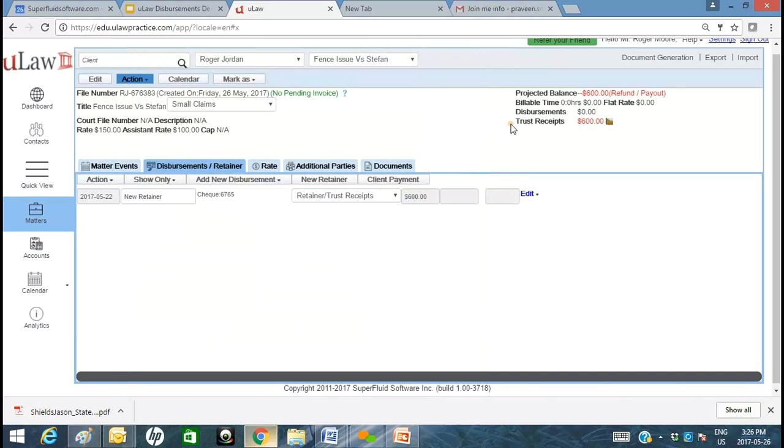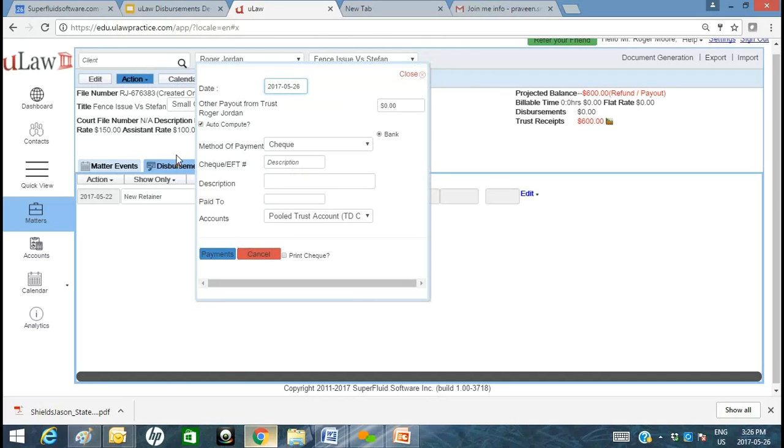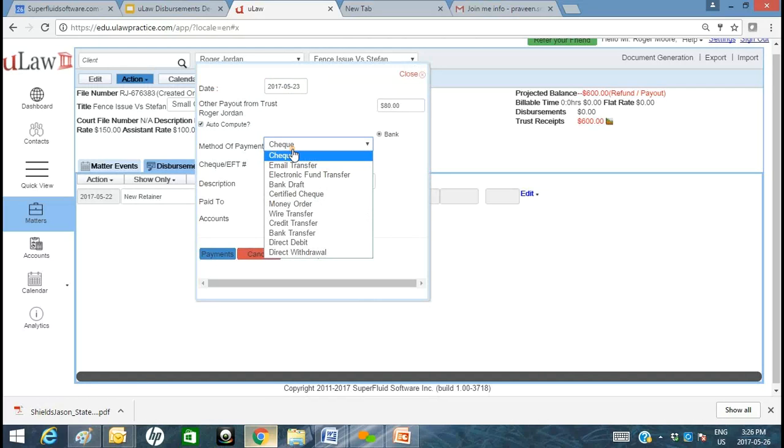Assuming that we have the $600 in the retainer, let's take the first example that we looked at, which was disbursing using a trust account. So let's say I'm paying out of trust. The same components: when did it happen, and the amount. Let's say it's $80. How did you pay for it?